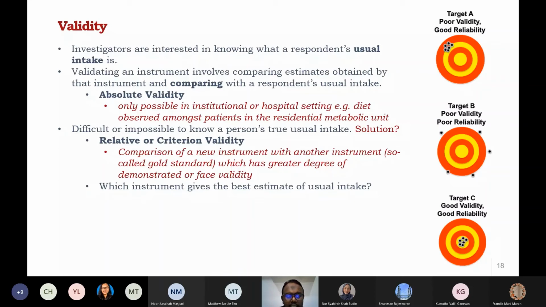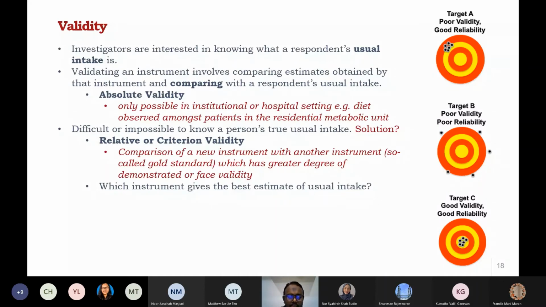We shall continue with validity. So we have finished reproducibility. Validity is when investigators are interested in knowing what a respondent's usual intake is, what they actually consume. Then we do a validity test.